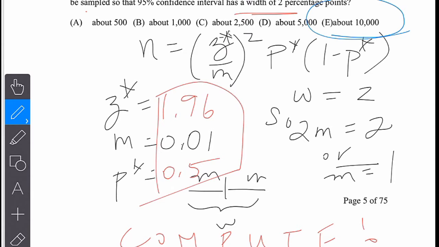So I'm going to ask a question. You did get this right, but what if I asked the question differently? What if E was not about 10,000? What if E said about 9,700?